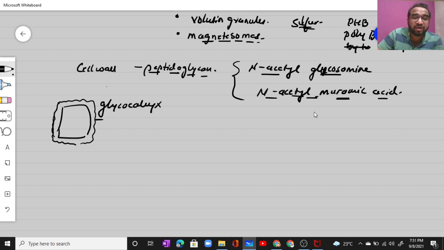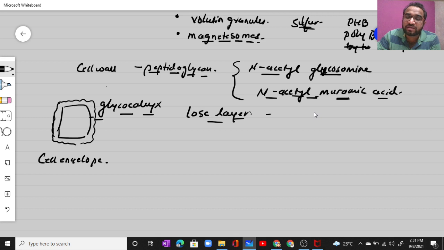The glycocalyx, the cell wall, and the plasma membrane, all three together, are called the cell envelope. When the glycocalyx is present as a loose layer, it is called a slime layer. But when it is tough and rigid, it is called a capsule.